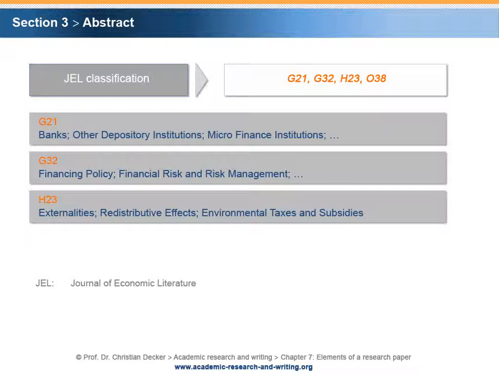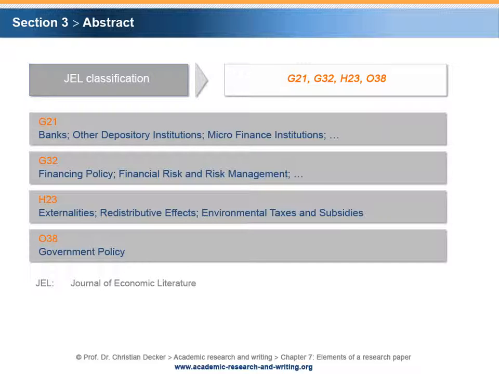H23 stands among others for externalities, redistributive effects, environmental taxes and subsidies. O38 stands among others for government policy. The website of the Journal of Economic Literature provides a comprehensive overview of the JEL classification system, which helps to identify the appropriate classification for a topic.